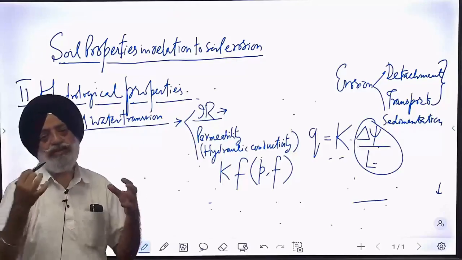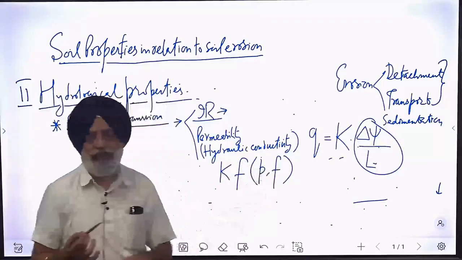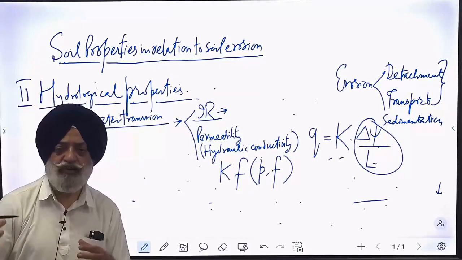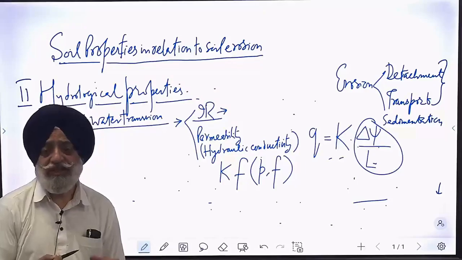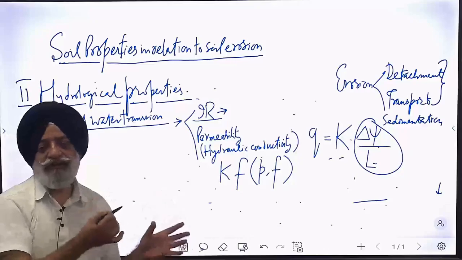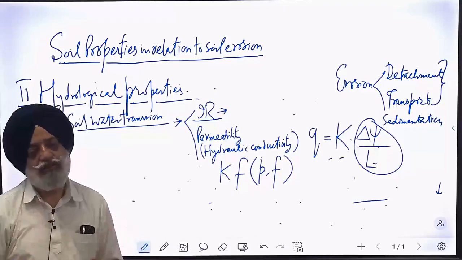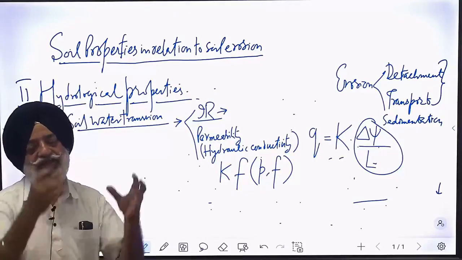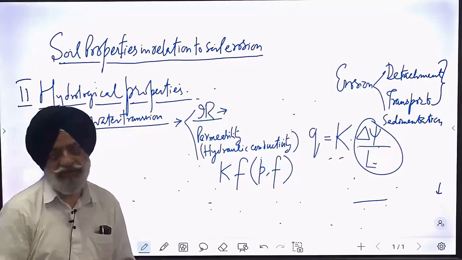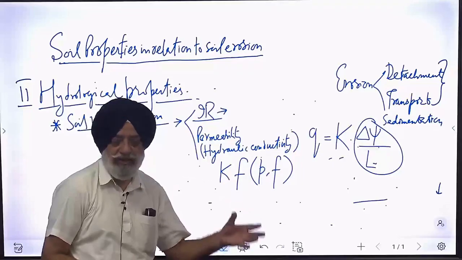Lesser macropores, lesser will be the permeability. Then fluidity depends upon the properties of the water, whether the water moving through it is viscous. If it is viscous, its velocity will decrease. Now, if the water which is moving is laden with silt particles, its movement within the profile could be decreased. If it is pure water moving down the profile, its velocity could be higher than the viscous. So, it depends upon the viscosity of the fluid, then the temperature of the fluid.